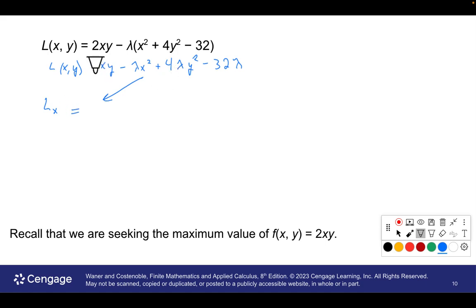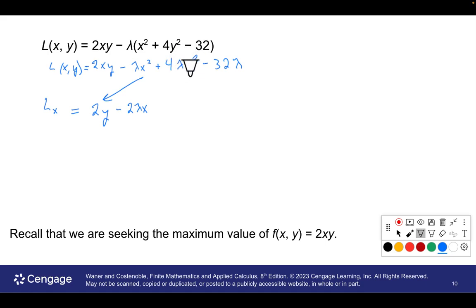So 2xy, take the derivative with respect to x, and we're left with 2y. The derivative of lambda x squared gives us minus 2 lambda x.